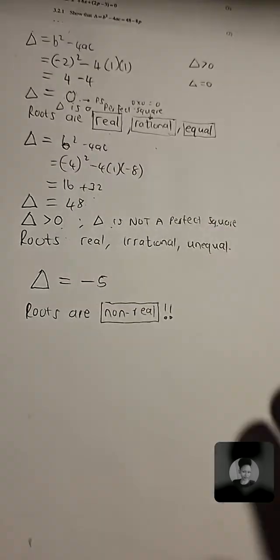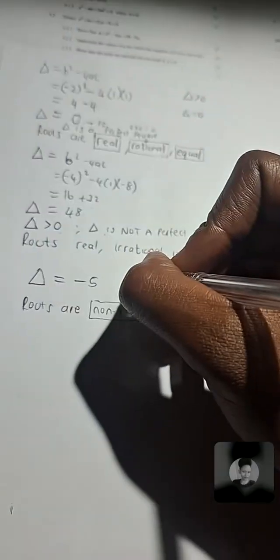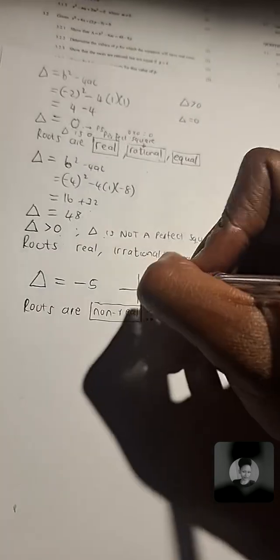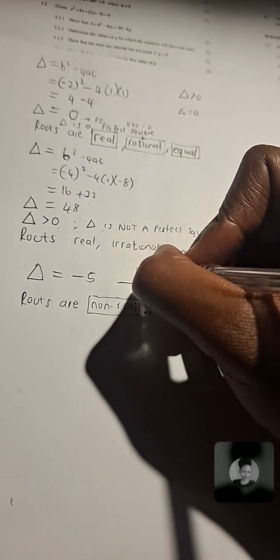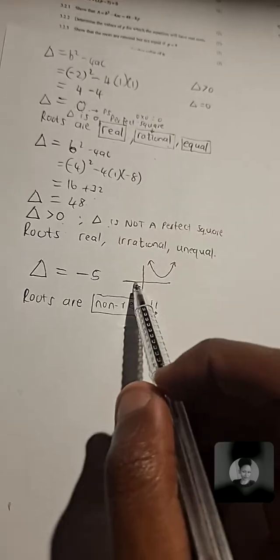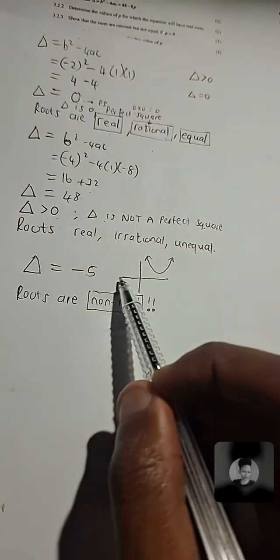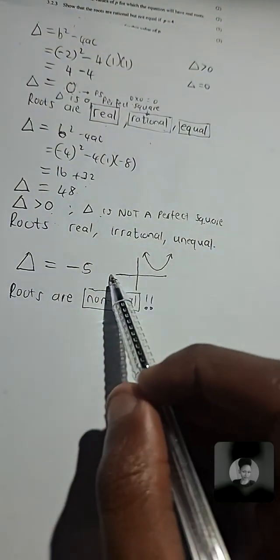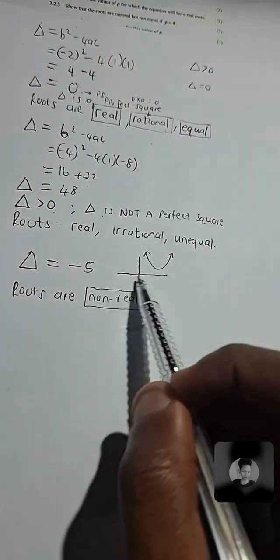Okay. So, Christine, here's another thing. Just take note of something here. If I was to draw a graph, a parabola that shows non-real is a parabola that does not touch the x-intercept, because there are no real solutions. In other words, there are no x-intercepts.